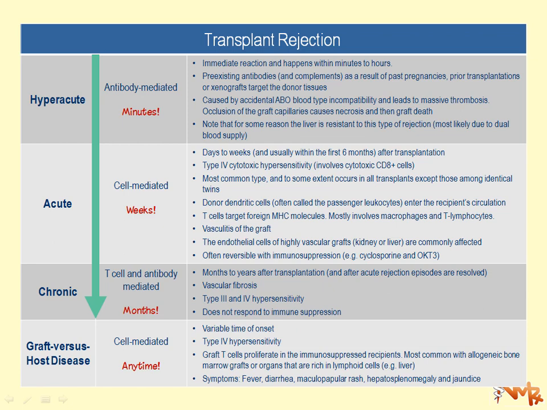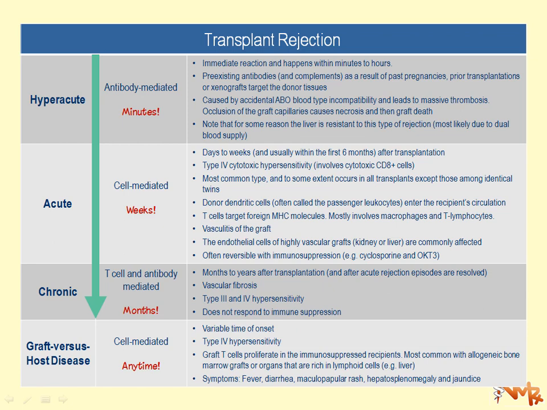For graft versus host disease, we have a cell-mediated hypersensitivity reaction. It may happen at any time, so the time of onset may be several hours, it may be up to a few years. This is a type 4 hypersensitivity. In this condition, the graft T cells proliferate in the immunosuppressed recipients.